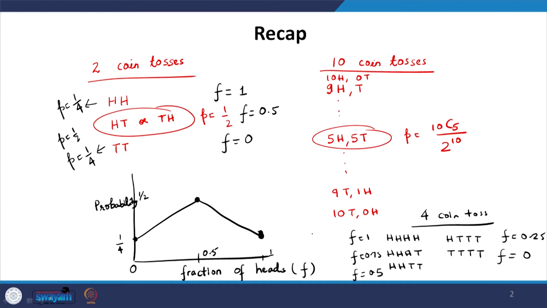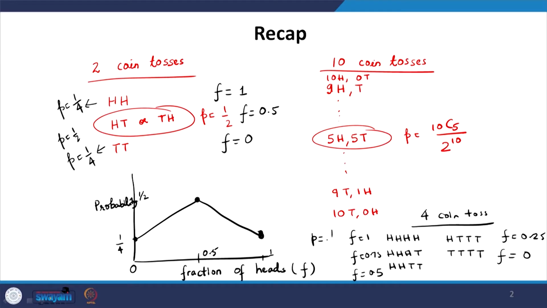So, the first one will be p is 1 by 2 multiplied by 1 by 2, 1 by 2, 1 by 2, 4 times. So, it becomes 1 by 16. The second case, the probability is again 1 by 16, but we can do it in 4 different ways, because there is only one tail, and either of the 4 can be a tail.